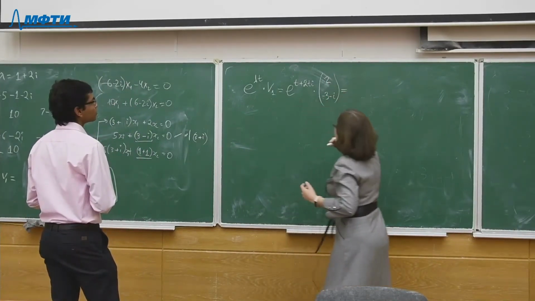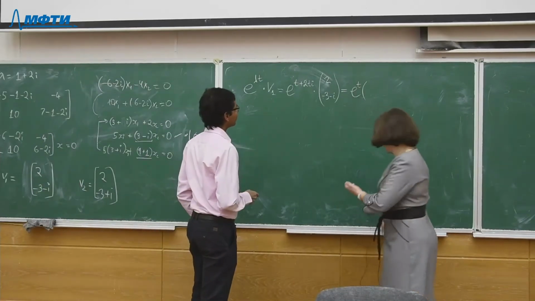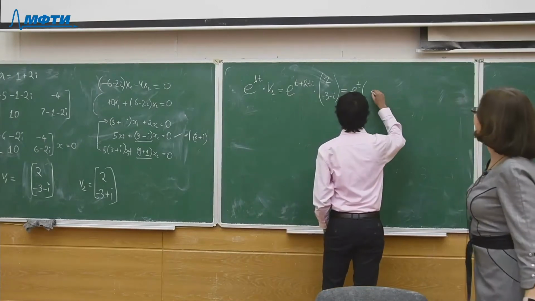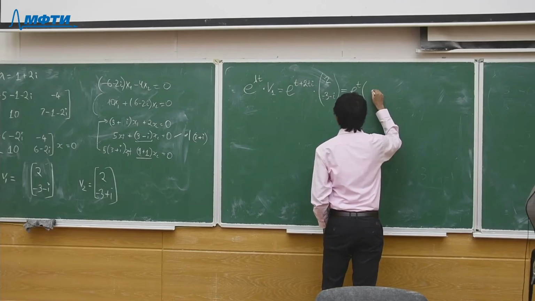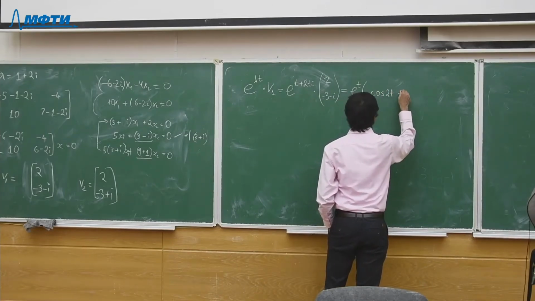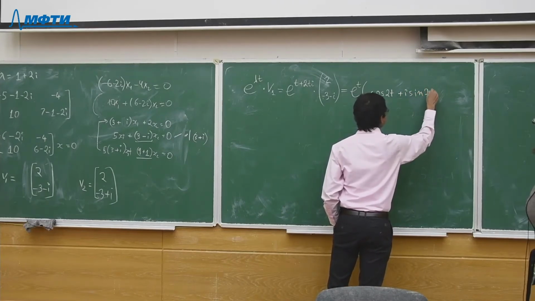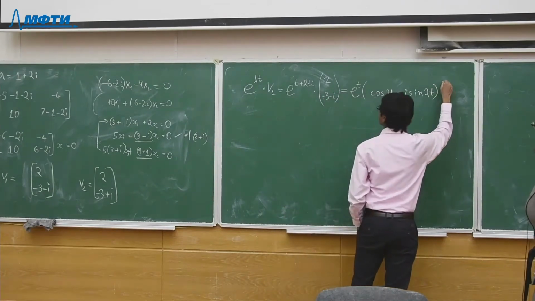What is it? Expand this one: e to t times, you may write, cos and sine. Cos of what? Plus cos 2t, correct, plus i, and multiply by the eigenvector.